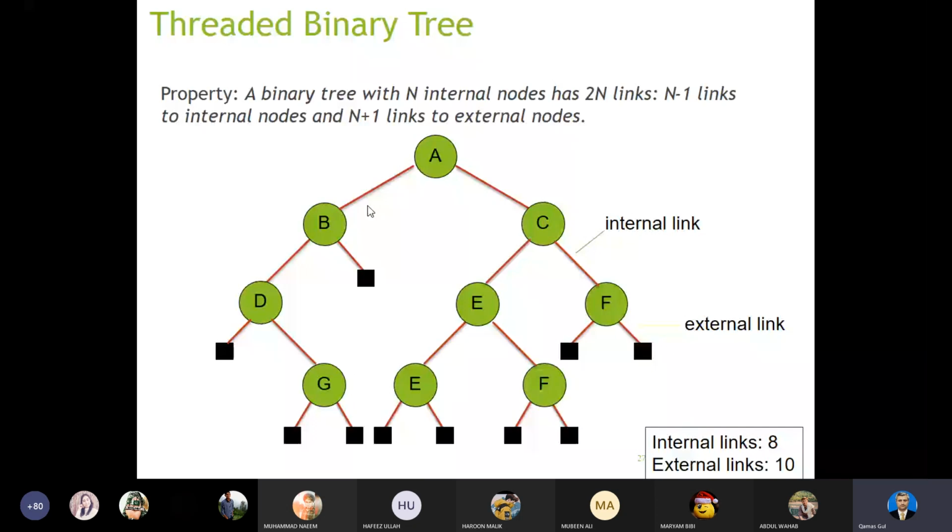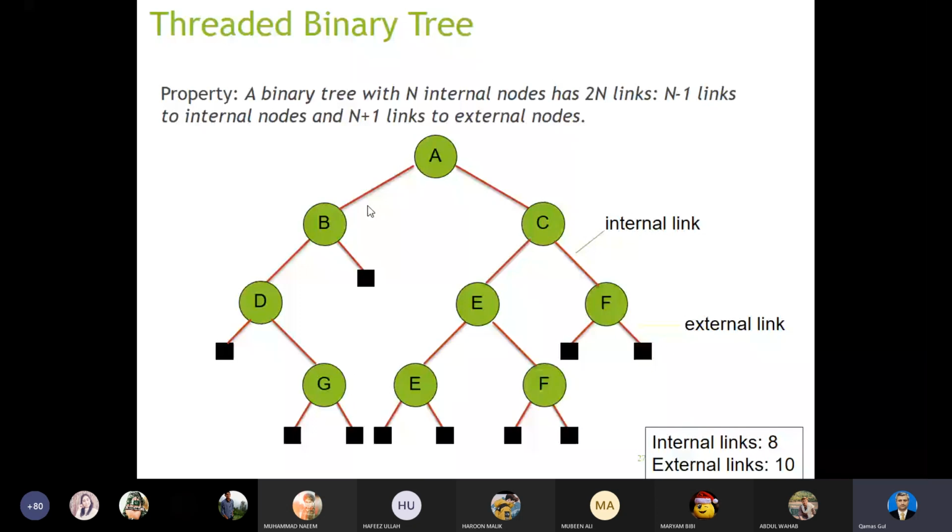So 9 minus 1, 8. So 8 हमारे पास क्या है? इंटरनल लिंक्स हैं जो कि इंटरनल नोड्स की तरफ पॉइंट करते हैं.